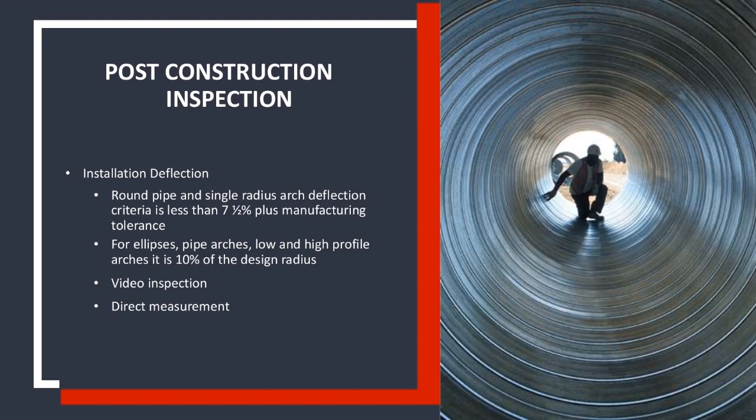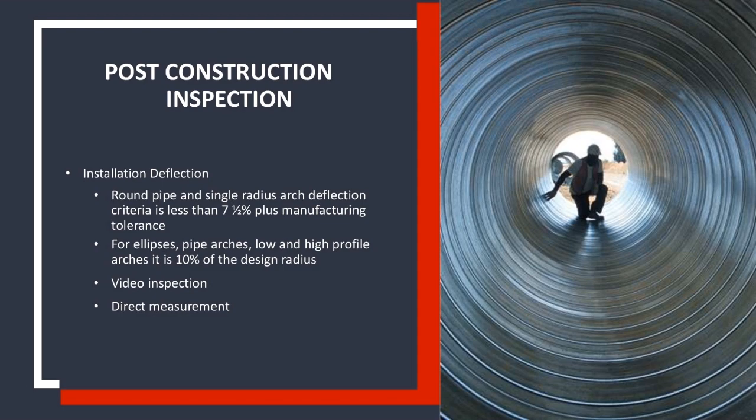So most entities now actually require some type of post-construction inspection. For round pipe and single radius arch deflection criteria, basically less than 7.5% of the manufacturing tolerance is acceptable. For ellipses and pipe arches, low and high profile arches, 10% of the design radius is acceptable.